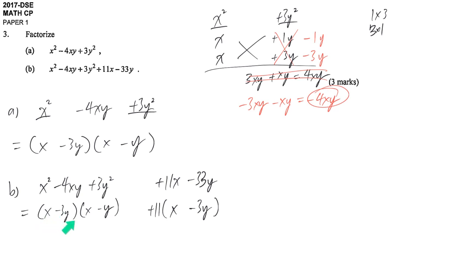So now we have the first term, we have the second term. We are looking for any common factor, that means common parts. We find out that x minus 3y and x minus 3y is a common factor for both terms. That's why we try to extract it.